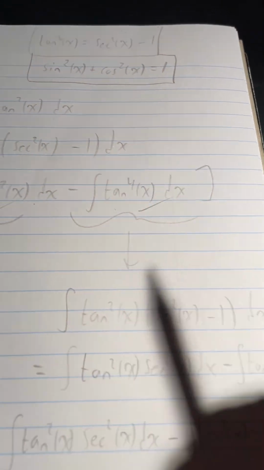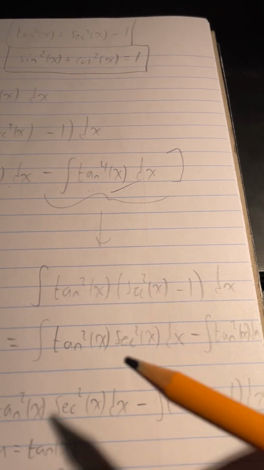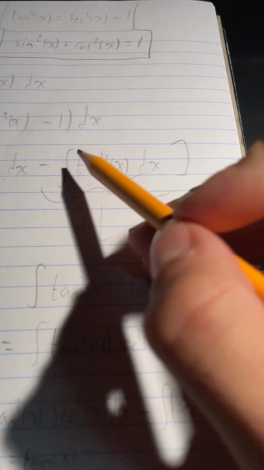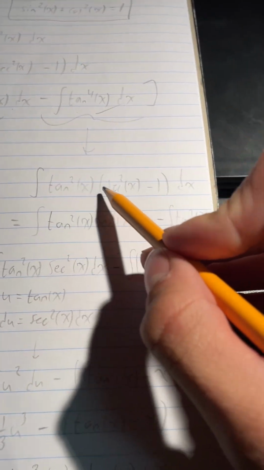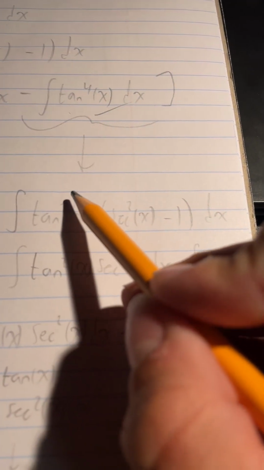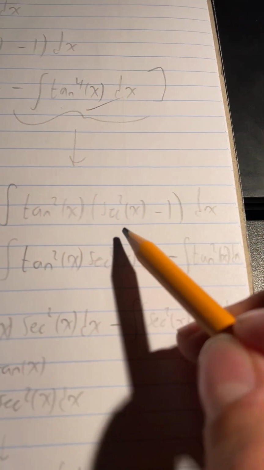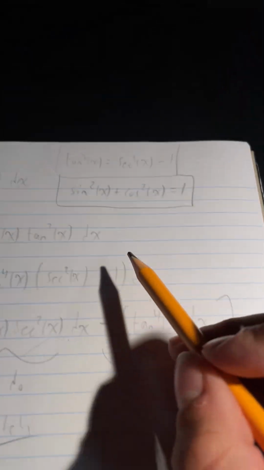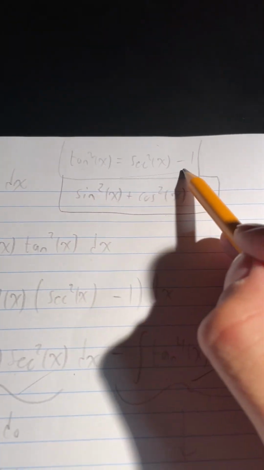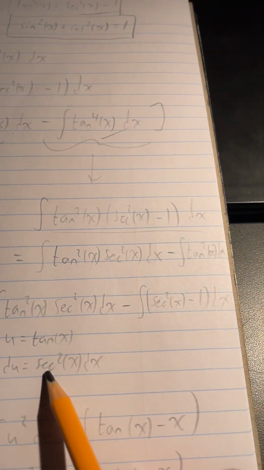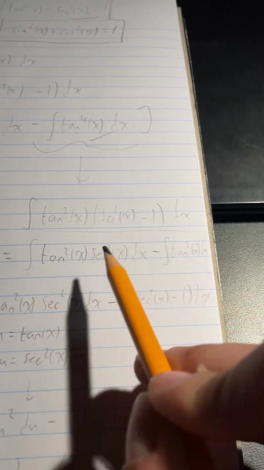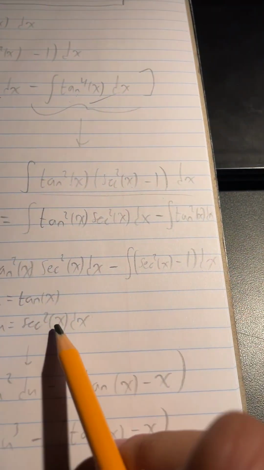So this is tangent to the 4. We're basically going to do the same thing. We pull out a tangent squared, so now we have tangent squared times tangent squared. For one of the tangent squareds, we use the identity, secant squared minus 1. So we can rewrite this and split it up again into two pieces.